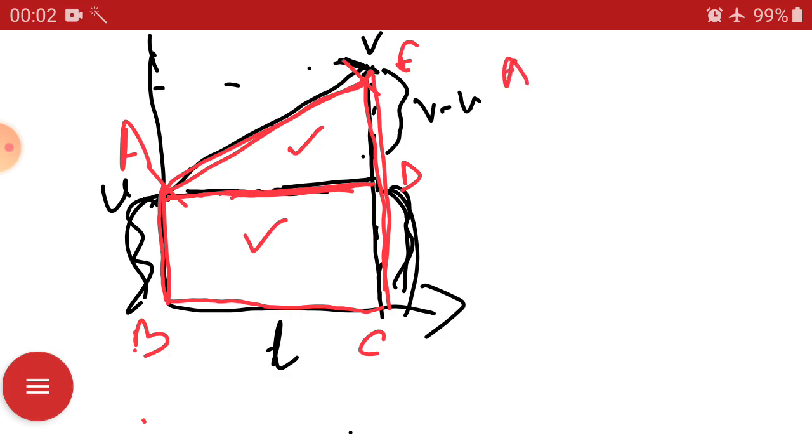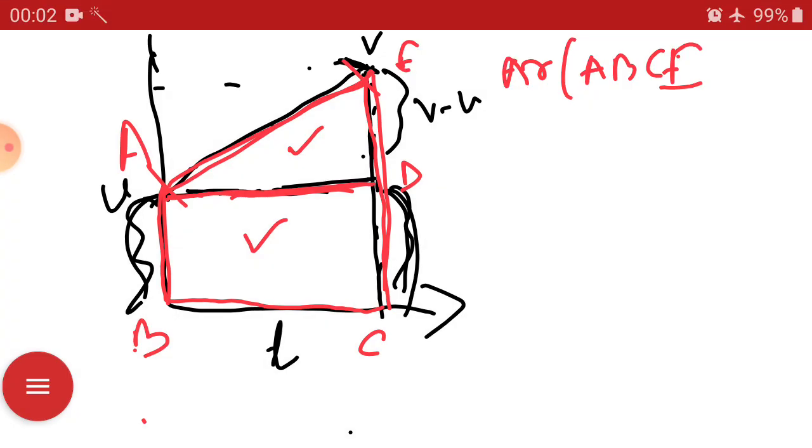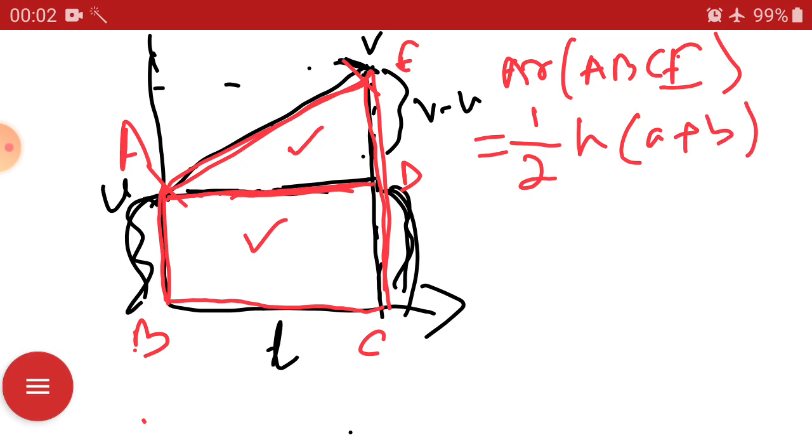The area of the trapezium is equal to what? The formula is half into height into sum of parallel sides.